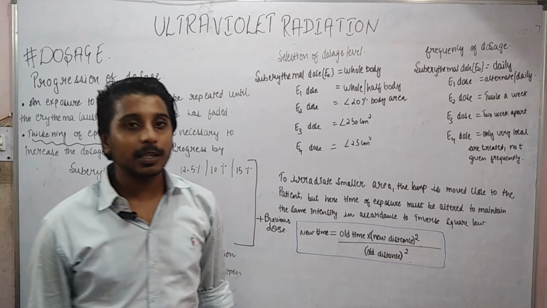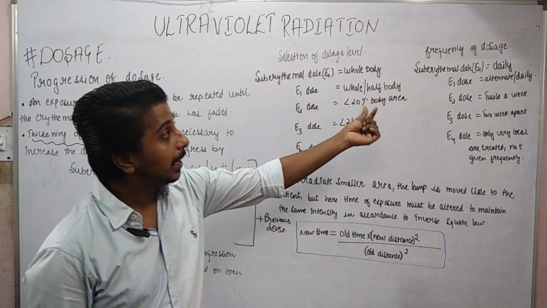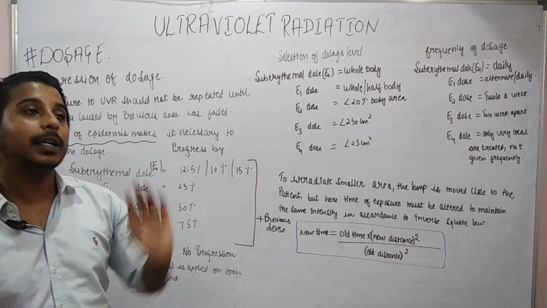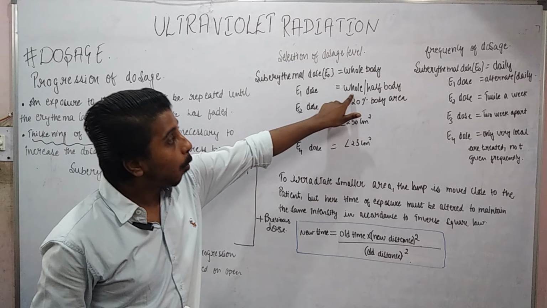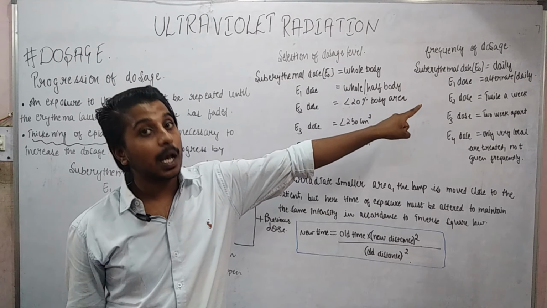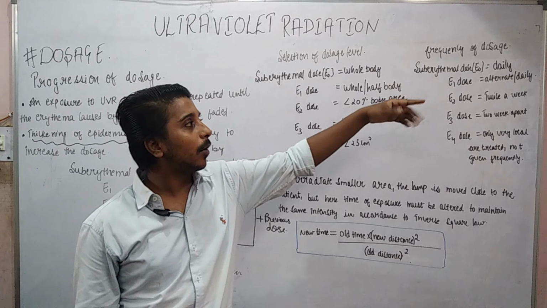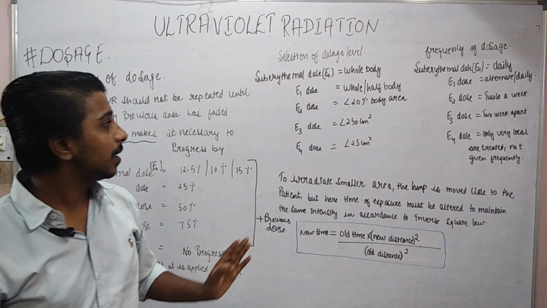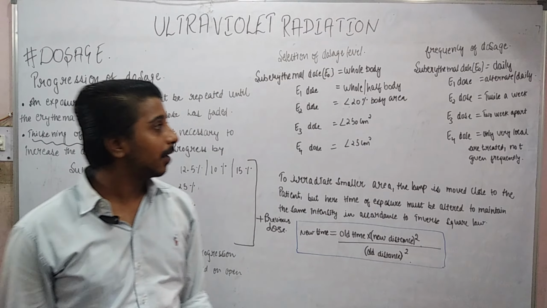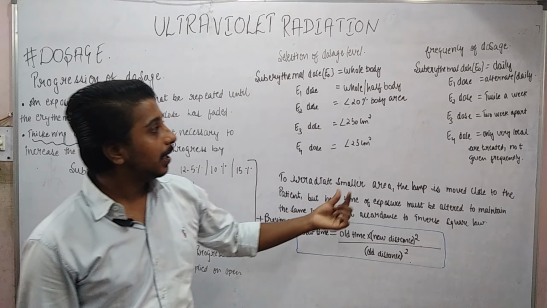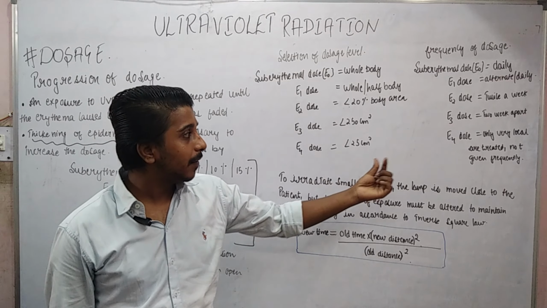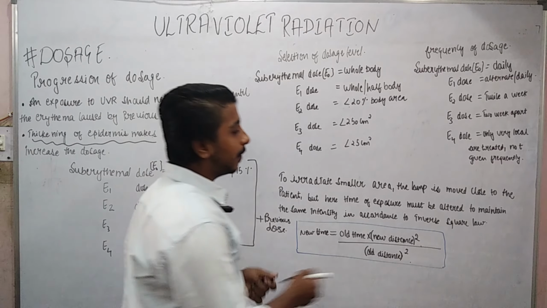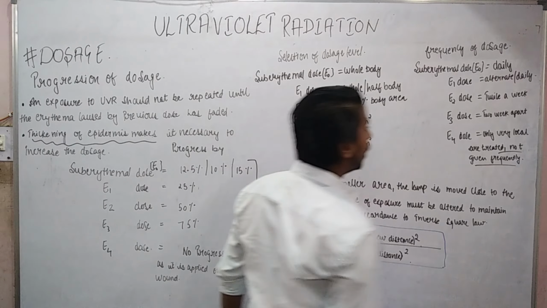Similarly, now the frequency of dosage. Here you can see the E0 suberythemal dose can be given daily. The E1 dose, if given on the whole body, we apply on alternate days. If half body, we give daily. E2 twice a week. Then E3 is 2 weeks apart and E4 is only very local and not given frequently.